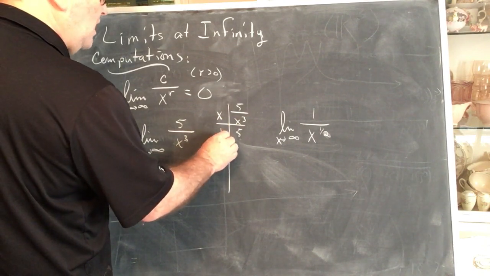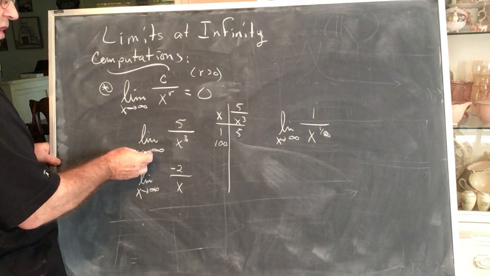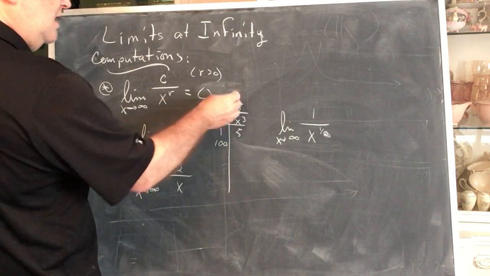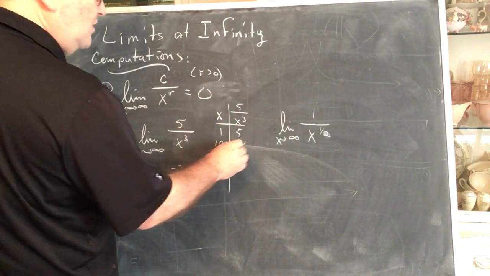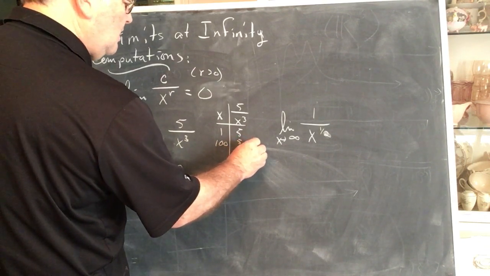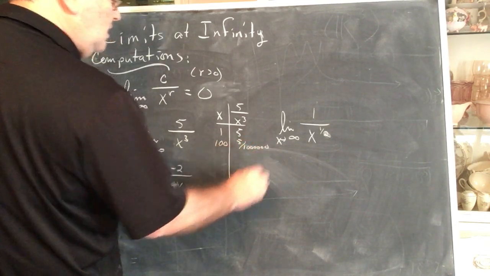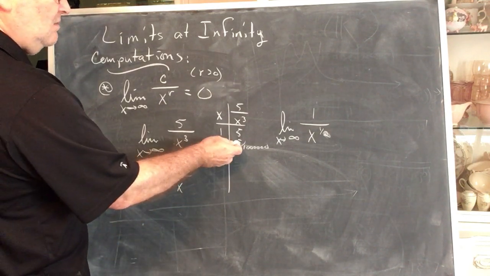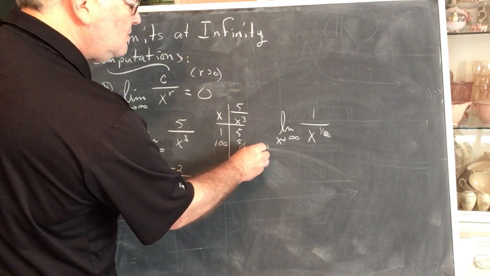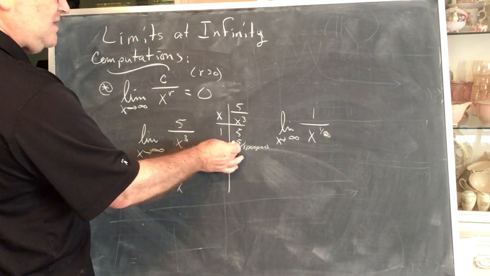Suppose x is 100. We're choosing x getting very, very large. If x is 100, this is 5 over 100 to the third, which is 1 million. Is that right? Yeah. And so that's a very small value.